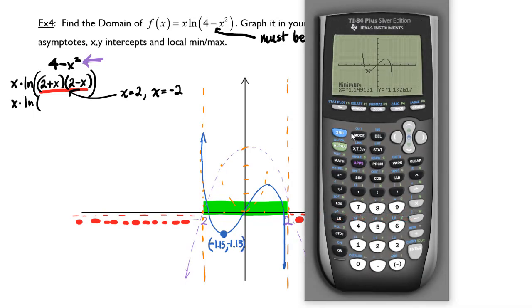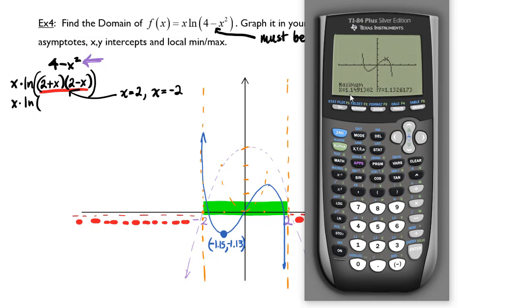It looks symmetrical. So let's do second calc maximum to find the high point. We'll go over to the right side here, but we need to stay to the left of the point we're calculating. So the left side of the maximum is there, hit enter. Now arrow to the right of the maximum, hit enter, and then guess the maximum, hit enter.